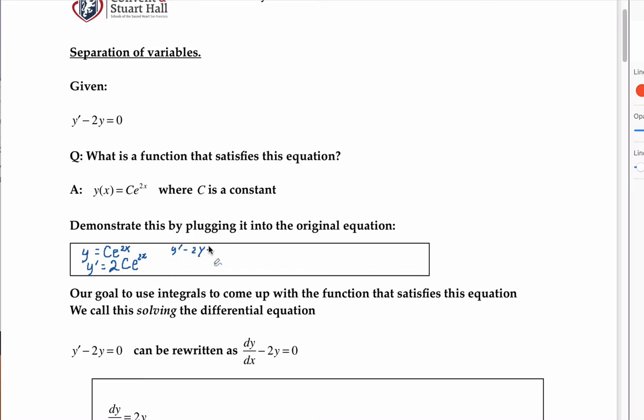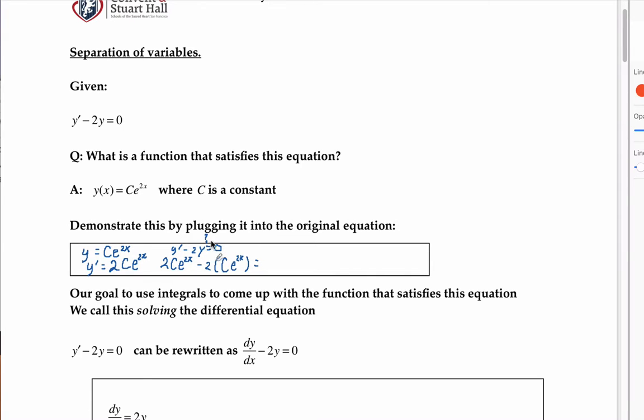You should be writing as I'm writing, by the way. So don't just be watching this video. You need to have pen to paper and you need to be doing this work. So we have 2c e to the 2x minus 2 times y, which is c e to the 2x, equals, and what we find, so really what we're trying to do is we're saying y prime minus 2y.